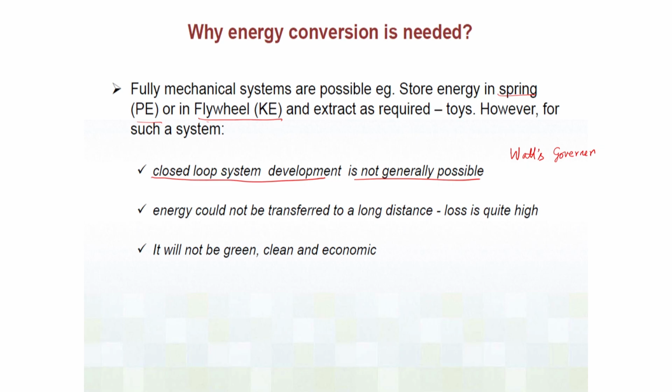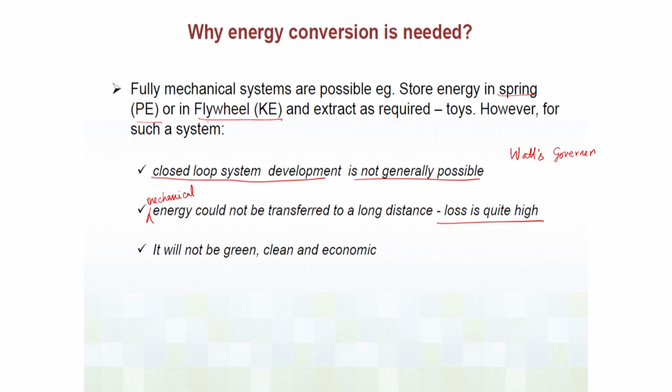Another reason why it is not possible is that mechanical energy, not just energy in general, but mechanical energy, could not be transferred to a long distance; the loss is quite high. However, electrical energy could be transferred up to a longer distance.